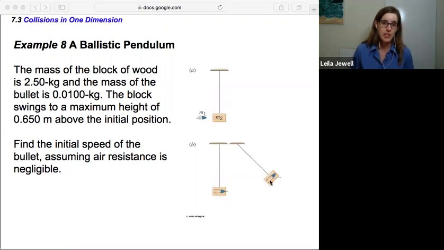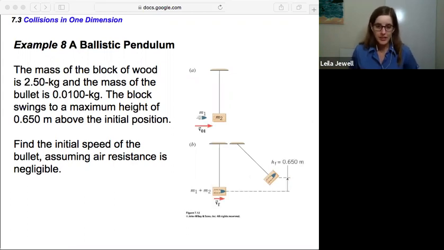What we want to do is label everything that's moving and not moving. At the beginning, the bullet is moving, the block is not, then the bullet and the block are moving together. And at the maximum height, just as we saw in our kinematics chapter, the velocity is 0. It stops very briefly before swinging back down.